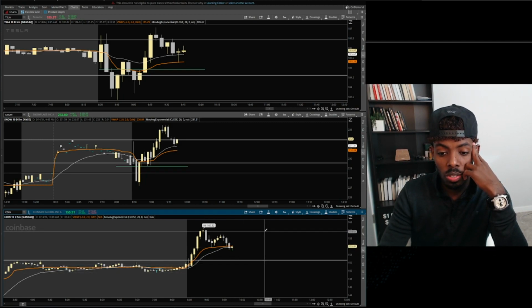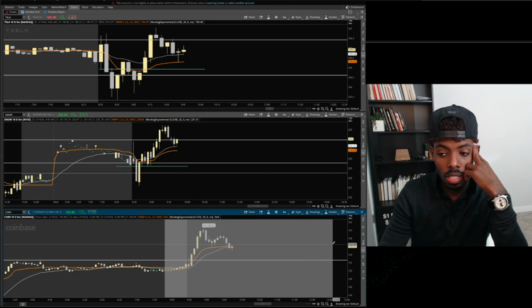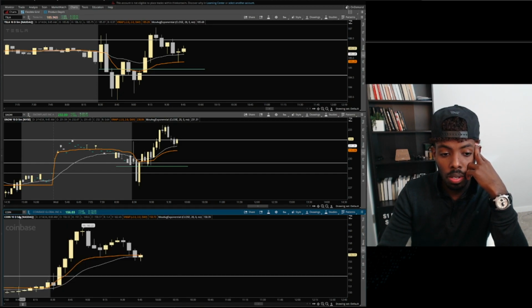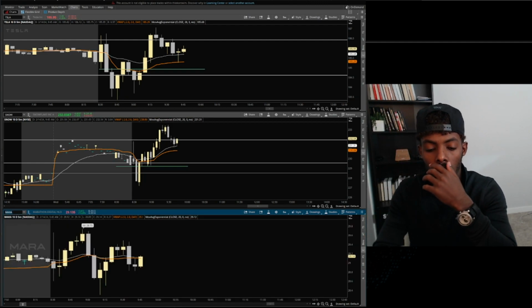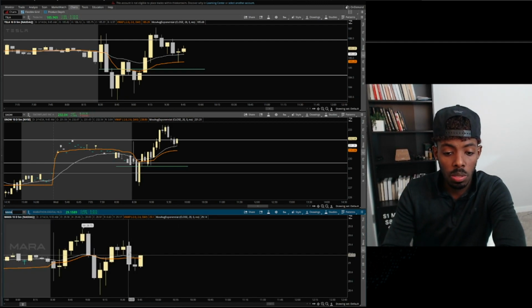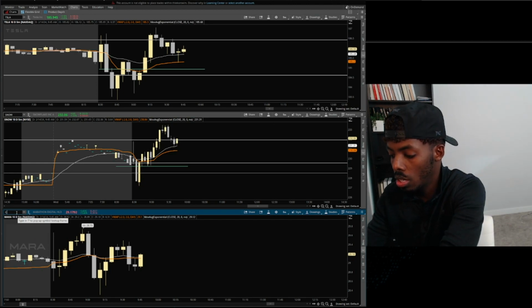I don't know if we want to trade that, but we are getting a break on the downside for Coin. I wonder how Mara looks. Let's take a look at Mara. All right, Mara experienced a break, a close, and missed the retest to go on the downside. But I don't know if I want to be comfortable trading Mara. I don't feel comfortable with that. So let's just focus on Coin.